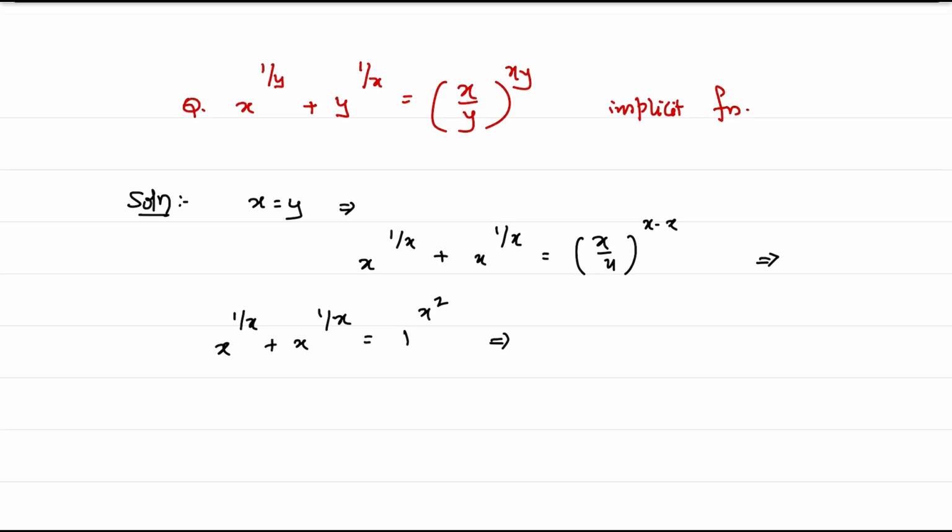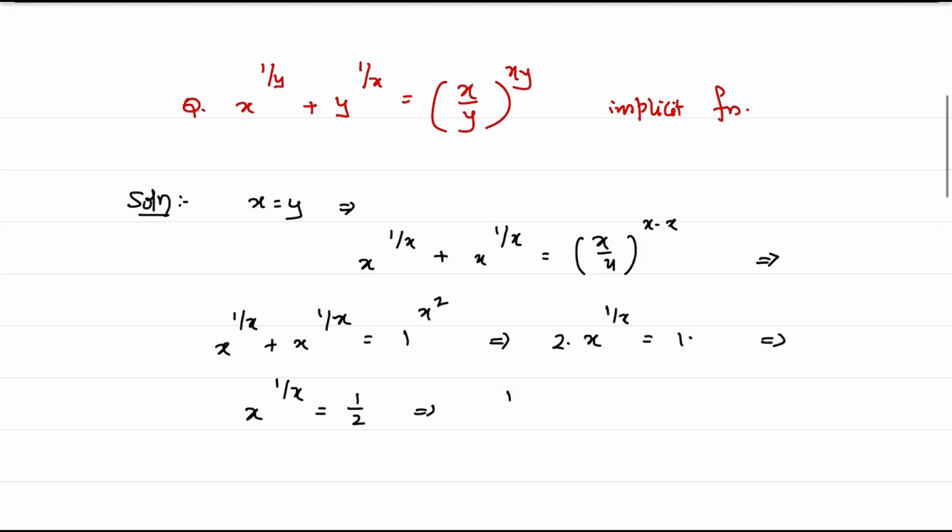That implies 2 into x to the power of 1 by x is equal to 1 to the power of x square. If x is of any value, 1 to the power of any value is 1 only. That means x to the power of 1 by x is equal to 1 by 2.